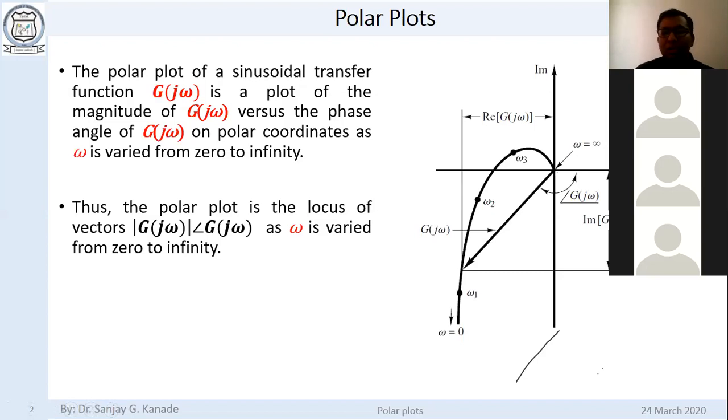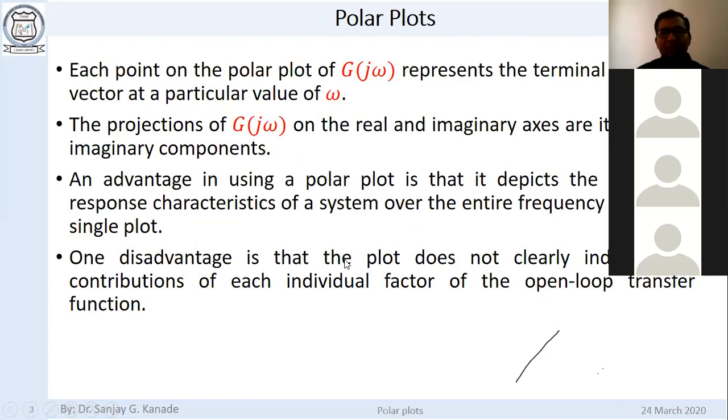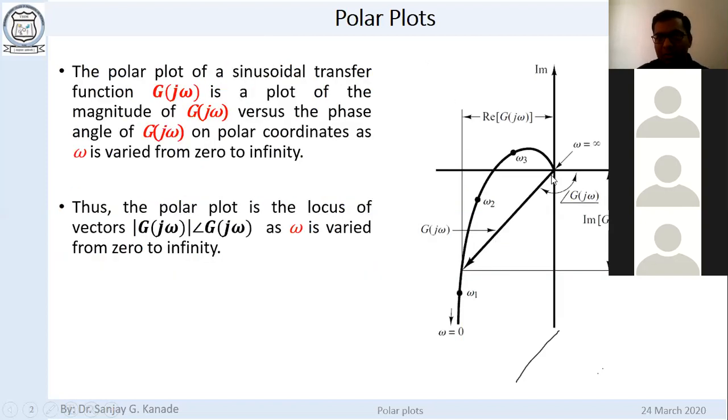So what you can see in this graph is there is a single graph where magnitude and phase can both be seen, right? Each point on this polar plot of G(jω) represents the terminal point of a vector at a particular value of omega. Like this vector, if you can see. The length of this vector is what?